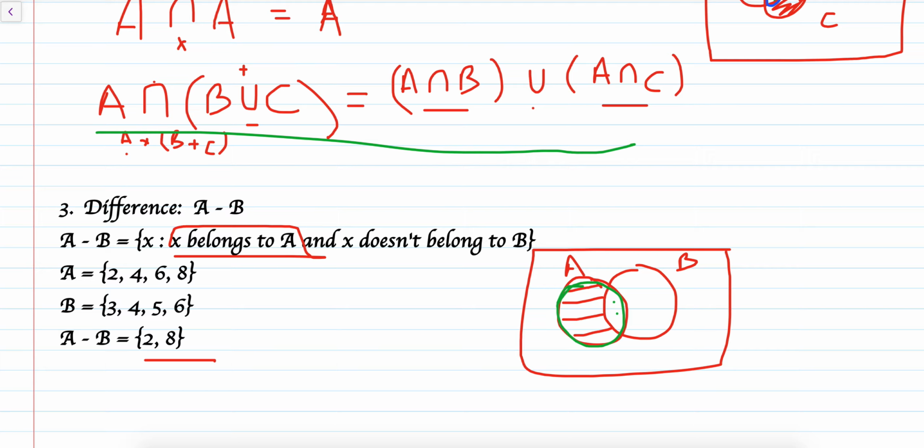So from A we remove this common part. So this green part, this will denote A minus B.